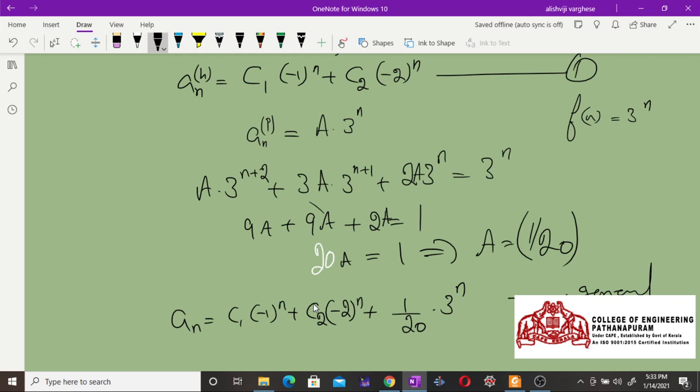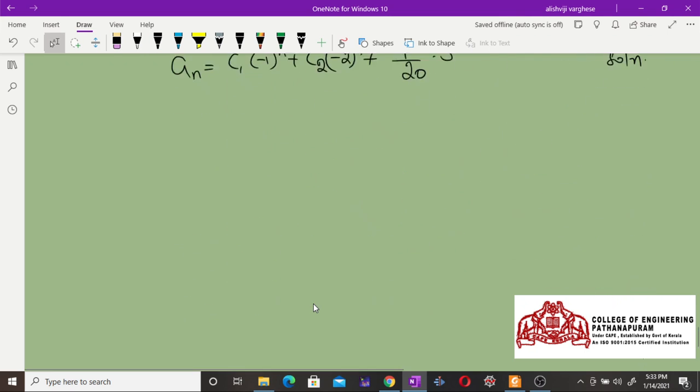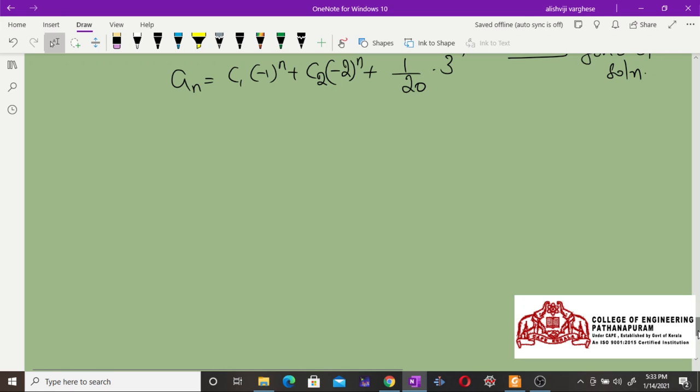General solution, and we can find out the values of c1 and c2 by using the initial conditions. Initial condition a0 is equal to 0, which means by substituting n is equal to 0 here, c1 plus c2 plus 1 by 20 is equal to 0, or in other words c1 plus c2 is equal to minus 1 by 20.